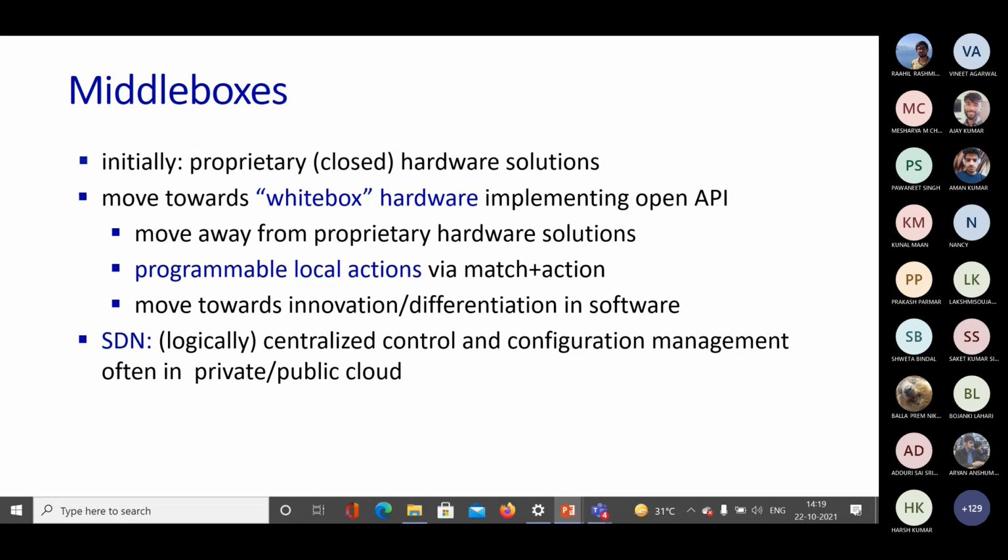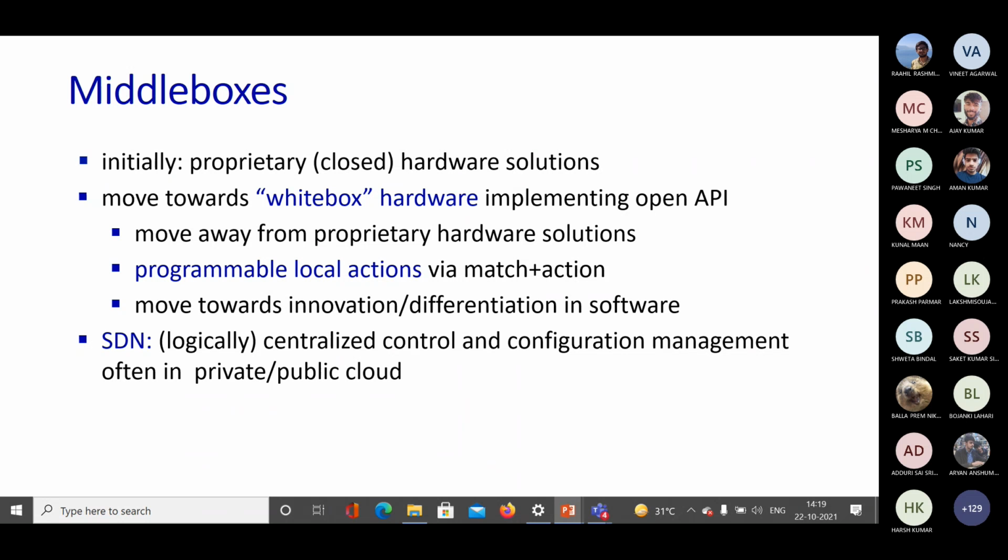Whereas when it comes to SDN, as we have already studied in the previous classes when we were talking about what SDN is and how it works, logically we have a centralized control where all of these decisions regarding forwarding of the packet can be taken, and there's no need to take up actions such as advertising whatever changes are there in the network, or what has to be done with a given packet.